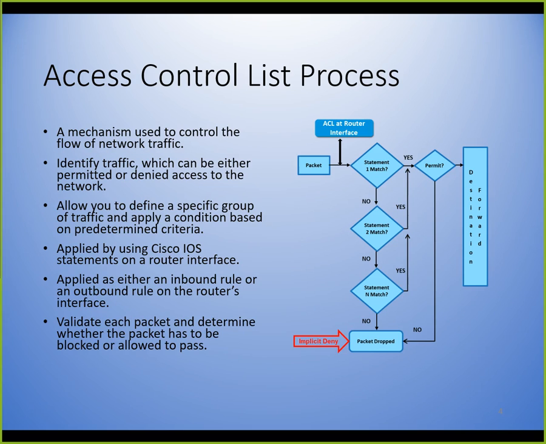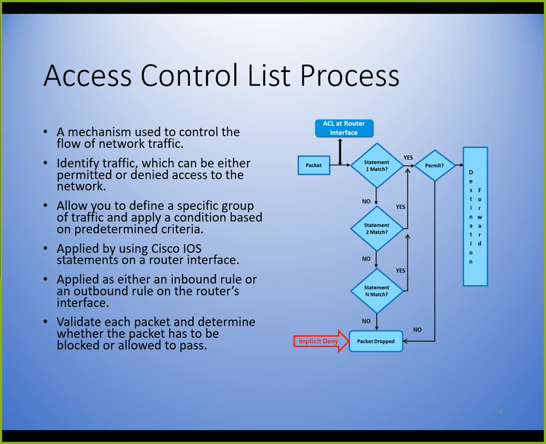So what is this? It's a mechanism used to control the flow of network traffic, not to access specific resources like the permissions in Windows are, or the rights in NetWare would be. It identifies traffic which can either be permitted or denied access to the network. On these we're using layer 3 and layer 4, the TCP ports, depending on whether we have a standard or an extended list, or just the IP address if we have the standard list.